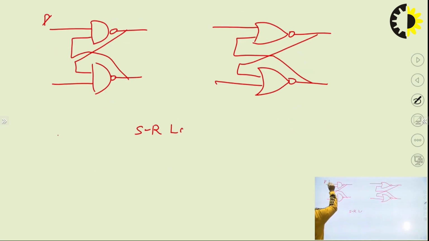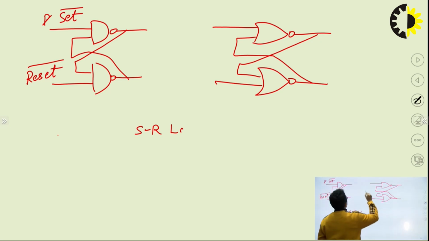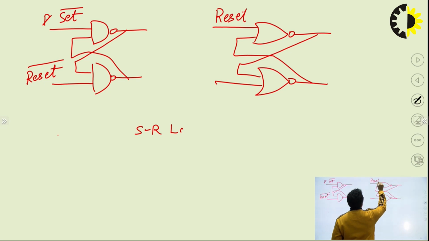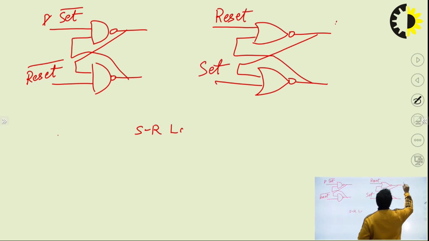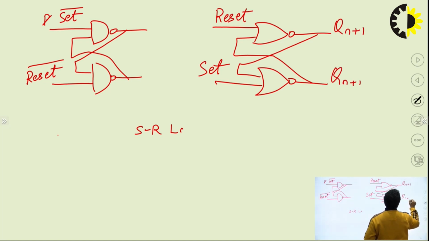So this is my set and this is my reset. Similarly, this is my reset and this is my set, and this is Qn plus 1, Qn plus 1 complement.